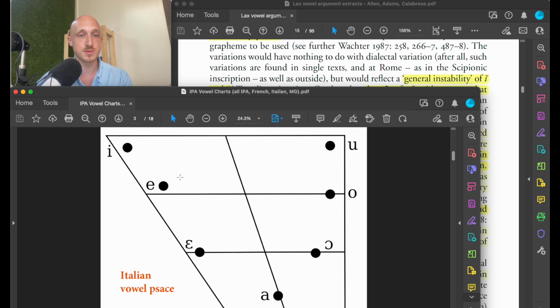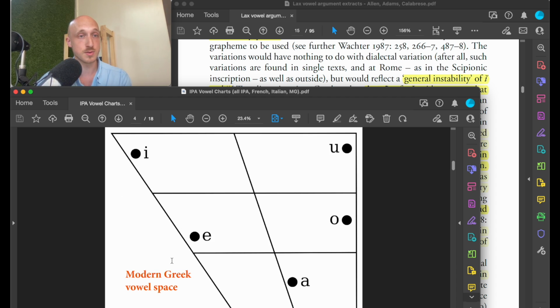Italian has 3 vowels on the front axis, and Greek only has 2. That means for a phonemic contrast to exist in Greek, and you can hear this if you listen to modern Greek, the E doesn't necessarily sound like it does in Italian. It sounds lower. It can sound more like E sounding. So that can happen in Greek accents in Italian, and also the opposite.